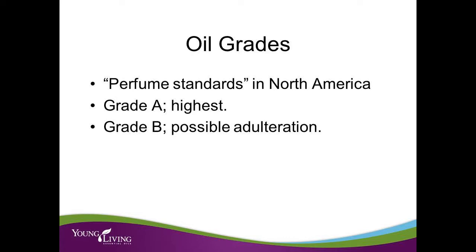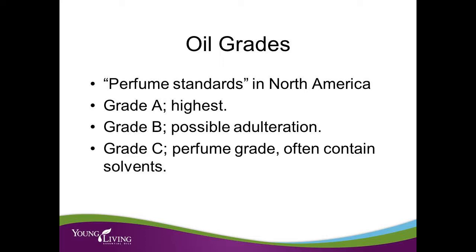Grade B oils are food grade. These may contain synthetics, pesticides, fertilizers, extenders, or filler oils, all of which cause adulteration. Grade C oils are perfume grade and may contain the same type of adulterating chemicals as food grade. They usually contain solvents which are used to create more products with a small amount of actual oil.